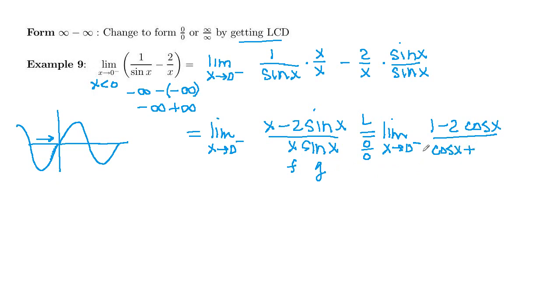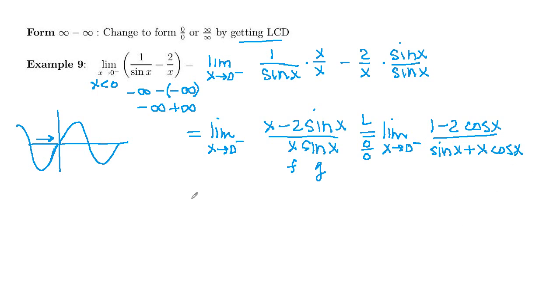Oh no, I'm sorry, g is sine x. We did the derivative of the x and got 1, and then times the g, which is sine x. There we go. And then plus f is x, and then g prime is cosine x. There we go.